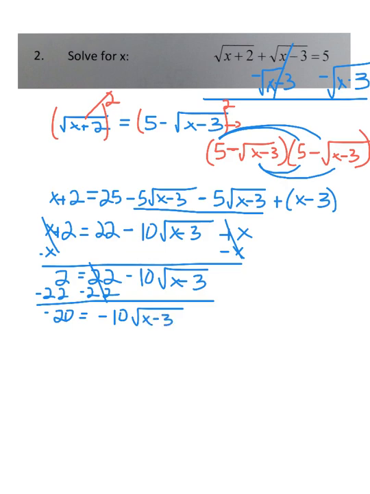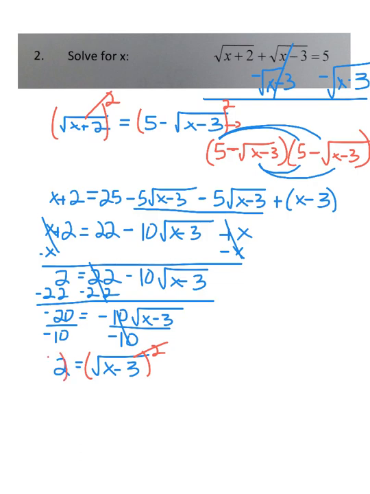Again, I'm still trying to isolate that radical. So how about I start by getting rid of that negative 10 if I divide, which is going to give me 2 equals the square root of x minus 3. Then, if I want to get rid of the radical, remember, I will just square, because a square and a radical will cancel each other out.